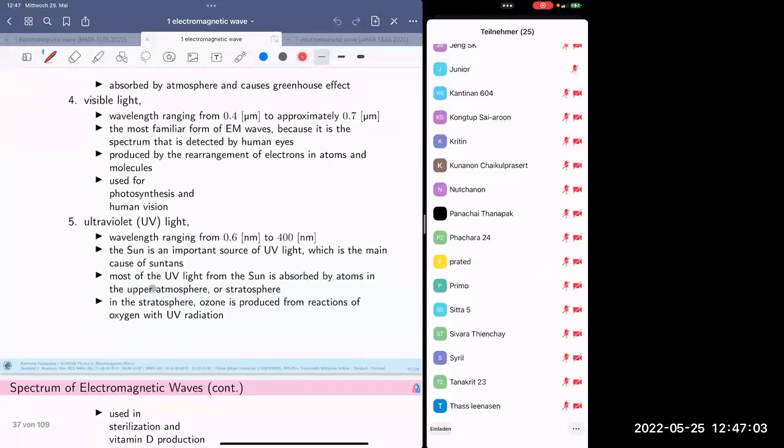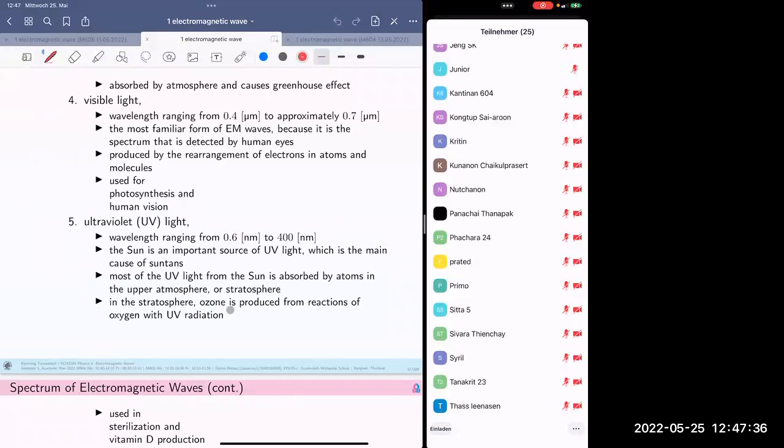Most of the UV light comes from the sun, and our skin and the atoms in many living creatures, not only humans, absorb the ultraviolet. Some of the ultraviolet will also be absorbed in the upper atmosphere, called the stratosphere.